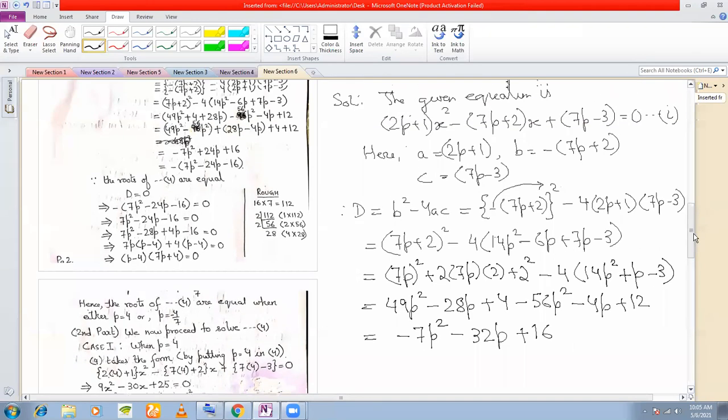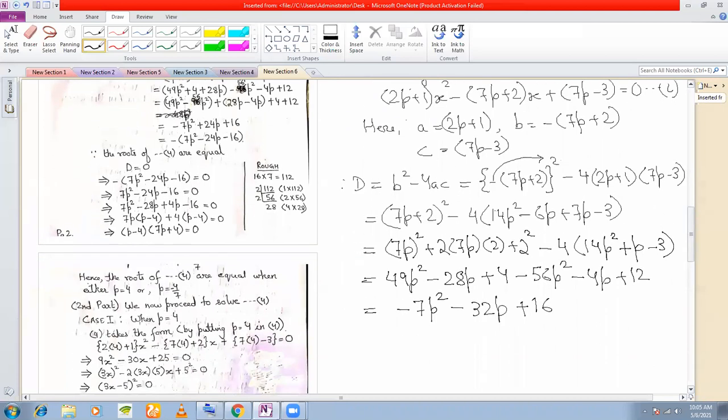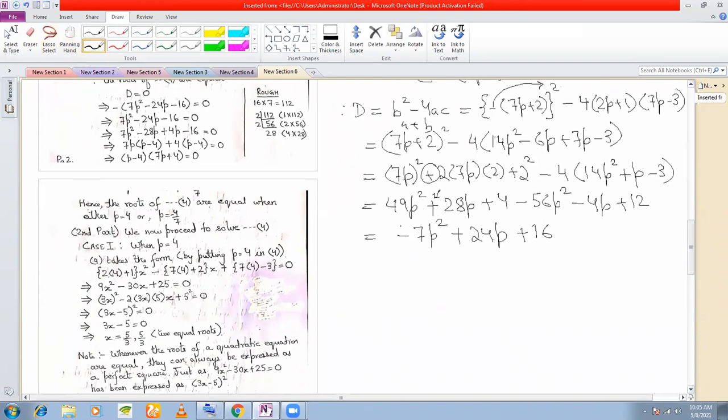Let me just see. Okay, so this should be plus. This is a plus sign, so 28 minus 4 will actually give you a 24 with a plus sign. This is the (a plus b) whole square formula, so that is why there's a plus sign here and a plus sign here.